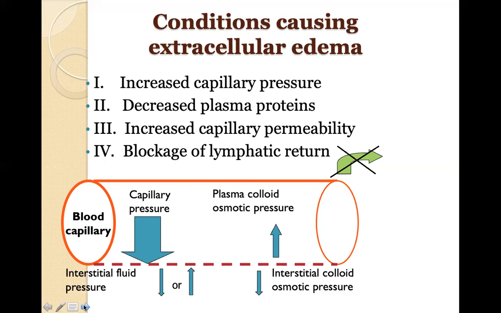If there's decreased plasma proteins such that you have a significant reduction in proteins within the bloodstream, you will not have that normal binding force to create a good colloid osmotic pressure in order to hold the fluid within the vessel. So the net result of this also is a fluid loss out into the interstitium.